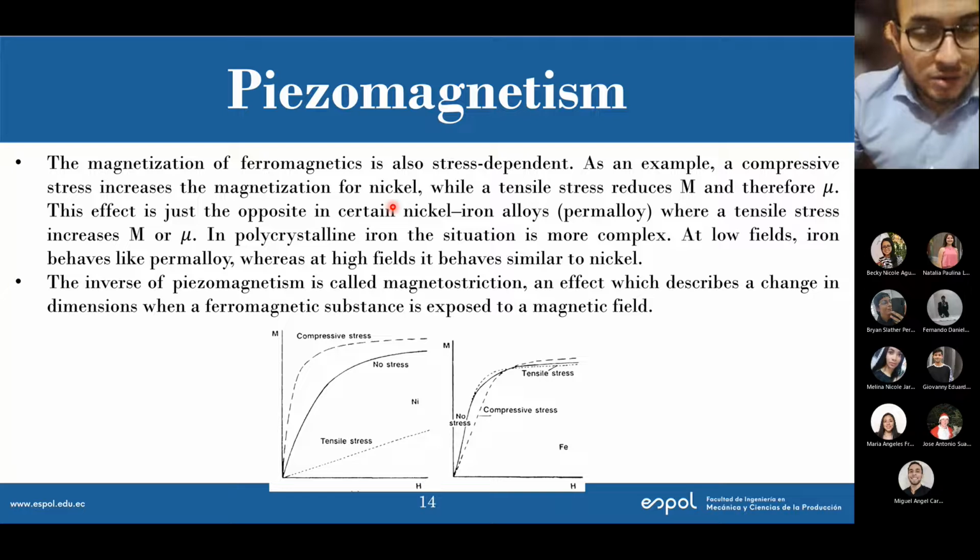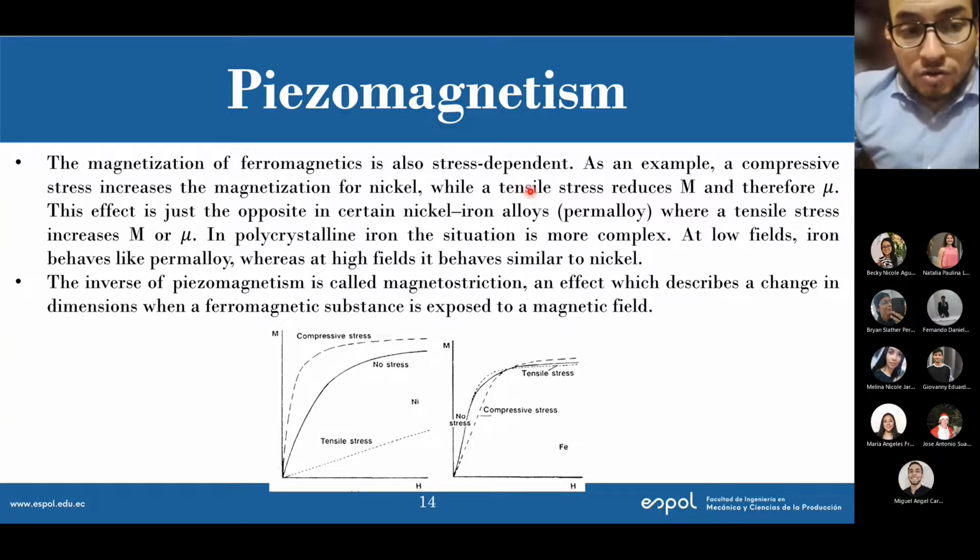And if the magnetization is reduced, also, how was this called, guys? How was mu called? Permeability, okay?